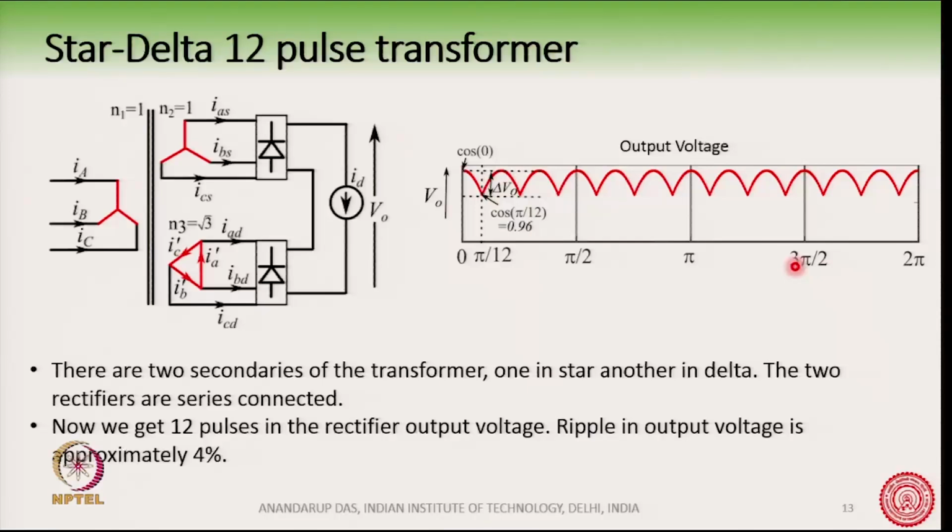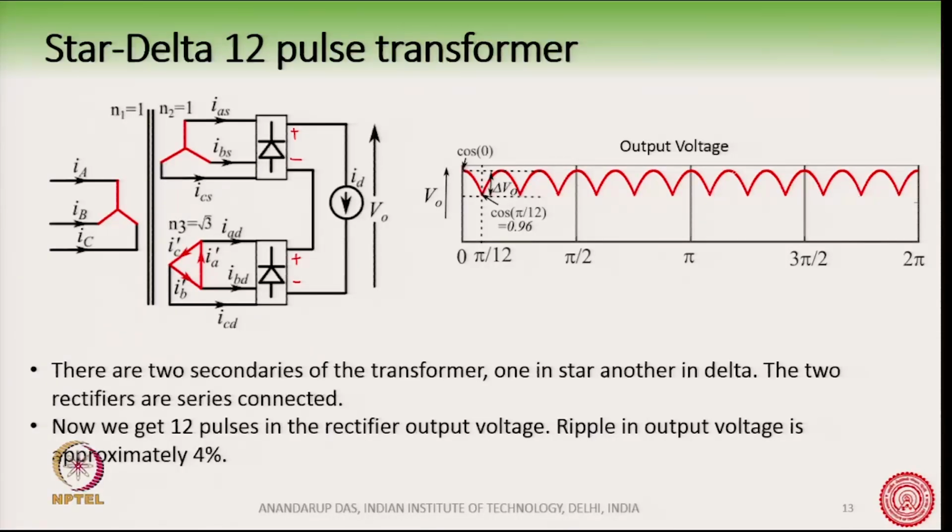Why are these 12 lobes happening? Because there are 2 diode bridge rectifiers, and they are series connected. So this is the plus and minus, and this is the plus and minus, and the diode bridge rectifier outputs are series connected. So now we have a 12 pulse waveform at the output.